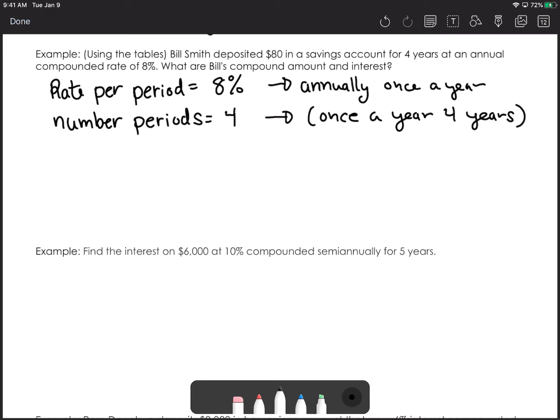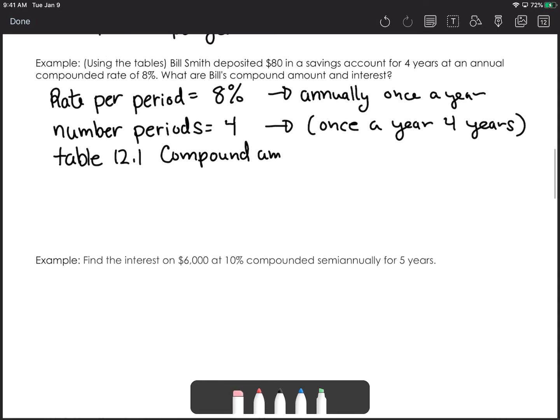So you're going to get out your student handbook and you're going to look up in your tables. We're going to use table 12.1 for compound amount, which is also sometimes called future value.